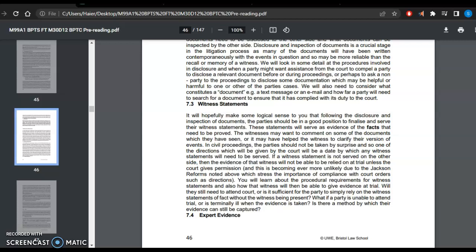If the witness statement is not served on the other side, then the evidence of the witness will not be able to be relied on at the trial unless the court gives permission. So if the witness statements have not been served, the evidence of that witness could not be relied on, because he has not clarified the evidence that he wants to give or has to give.